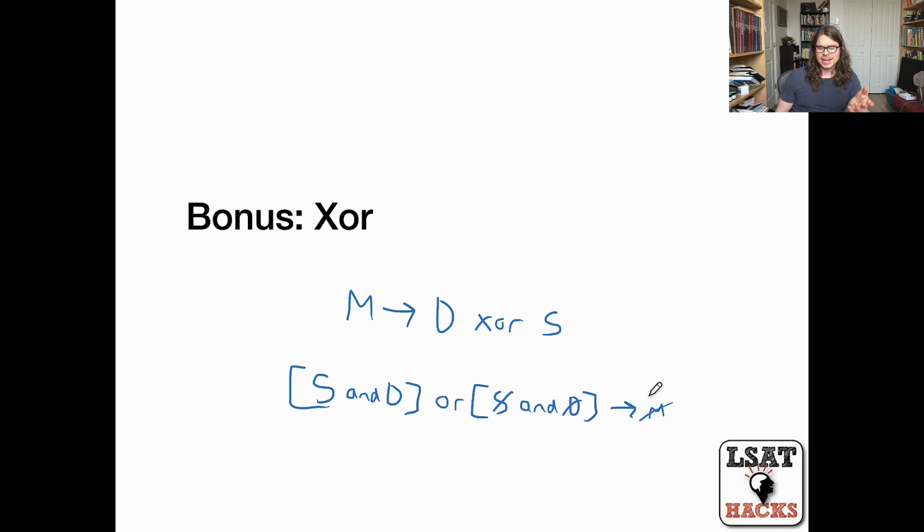See, the fact that I had to struggle to think of that means you probably will never, ever have to draw this. But I introduce it just as a concept, and it's important to know that XOR is not OR.